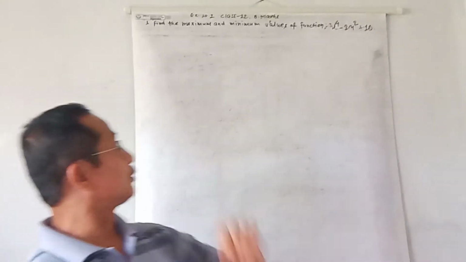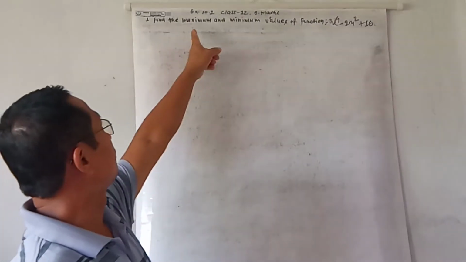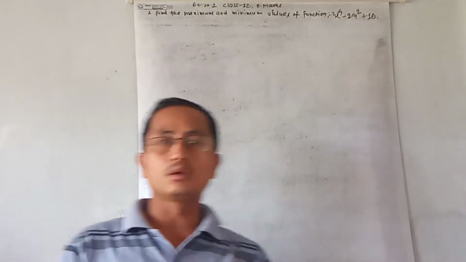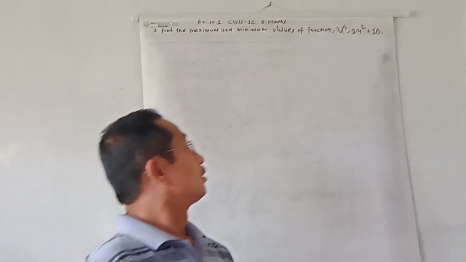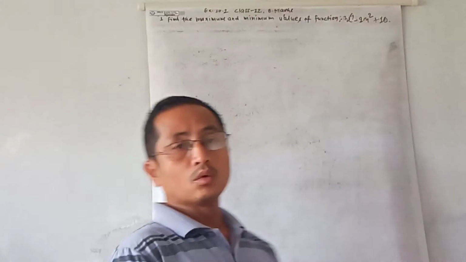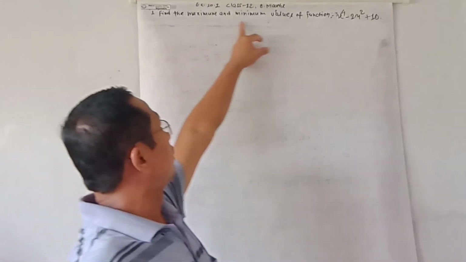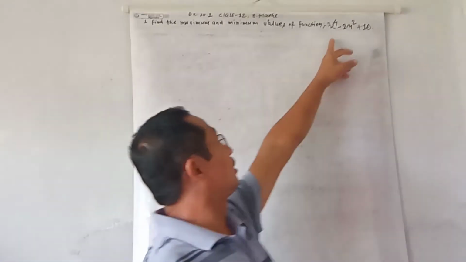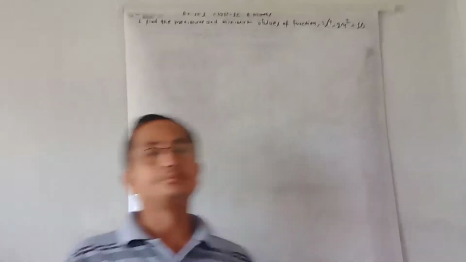Today in this episode, I am going to teach you how to find the maximum and minimum value of a function. Here is one question I have taken: find the maximum and minimum value of the function x power 4 minus 2x square plus 10.